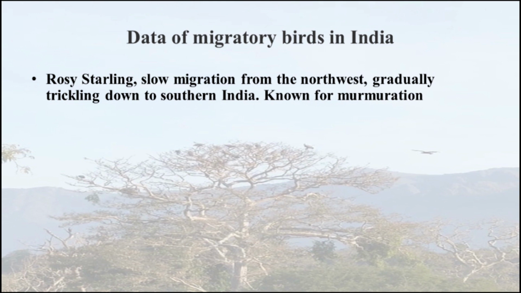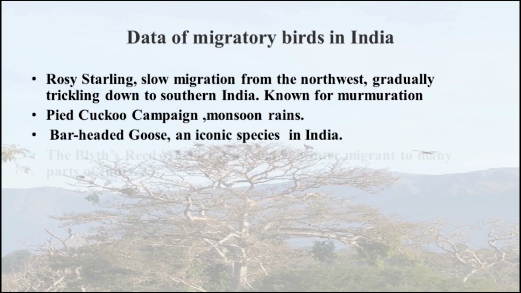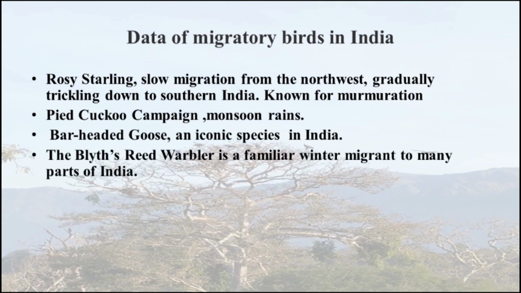The rosy starling has a relatively slow migration from the northwest, gradually trickling down to southern India. It is a very distinctive species, famous for its murmuration at roosting sites around dusk. Pied cuckoo campaigns do indeed herald the monsoon.